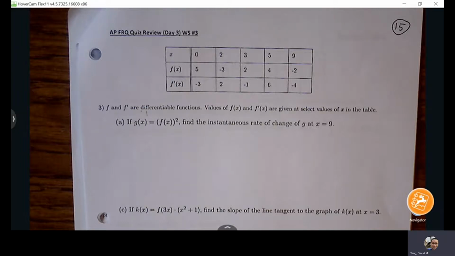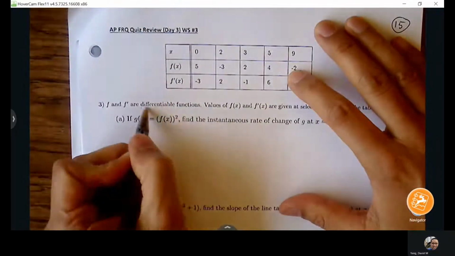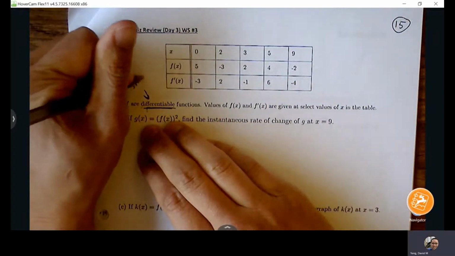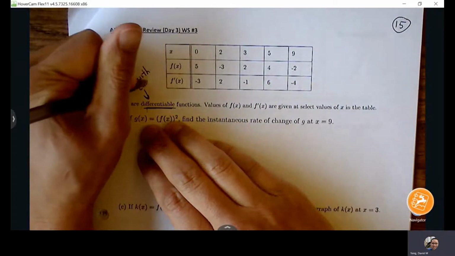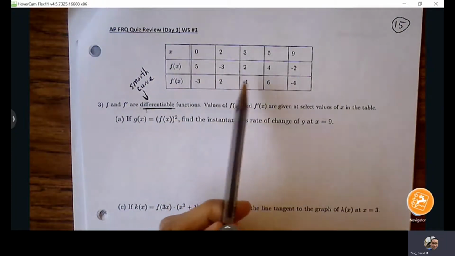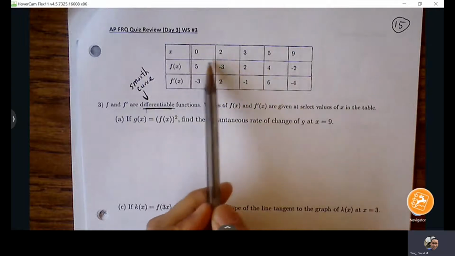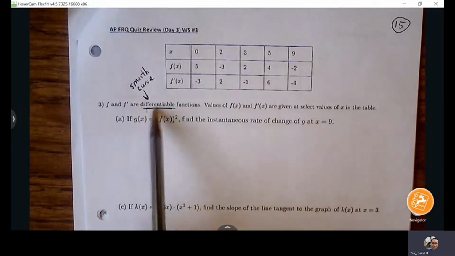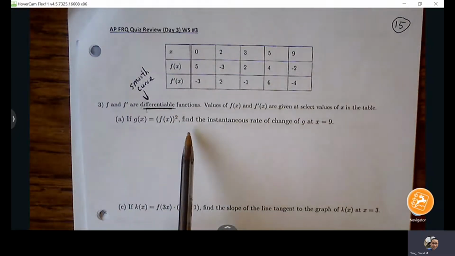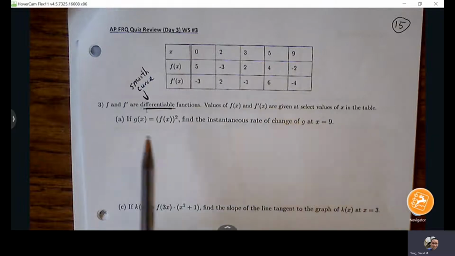All that means is that we're dealing with a smooth curve here. It's good for us to know that because we have very limited information from the graph. We can't see if there's a hole or asymptotes, but this provides reassurance that it's a smooth curve all the way through. Values of f and f prime are given at select values of x in the table.